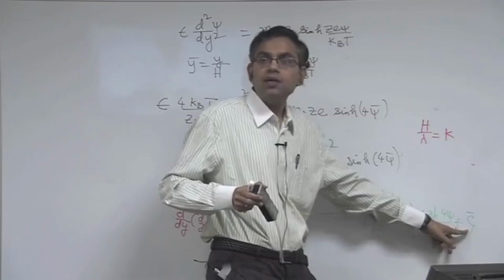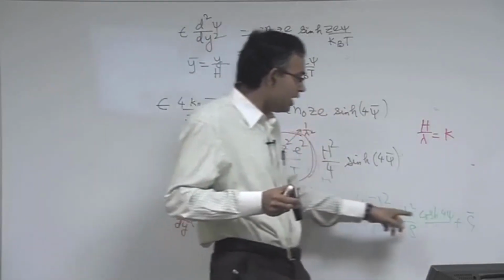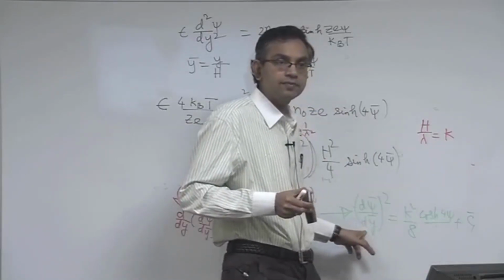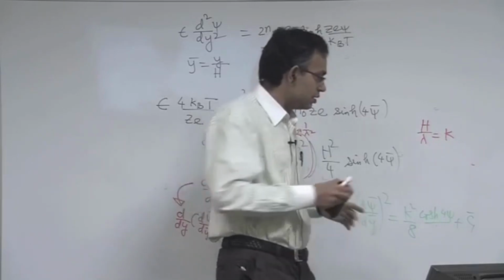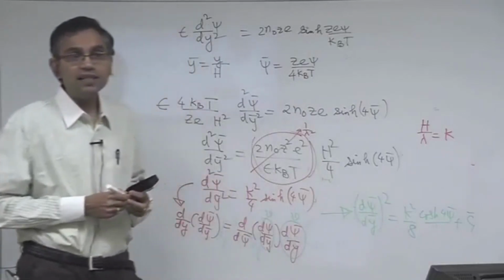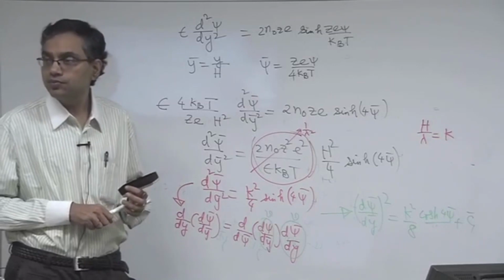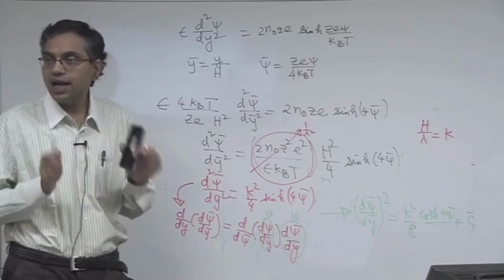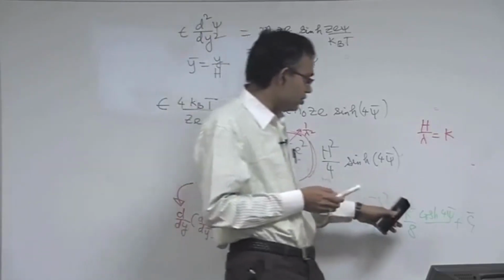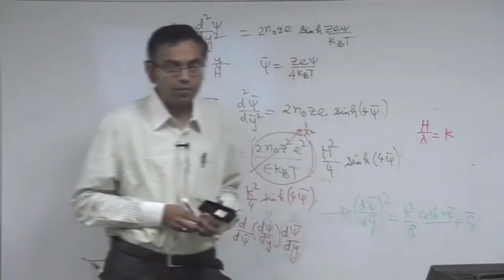To know what is C1, you have to specify a location where you know both psi and d psi dy, right. So we assume that at the center line both psi and d psi dy are equal to 0, right. At the center line both psi and d psi dy are equal to 0. If that is true, then you can get C1 is equal to minus k square by 8.